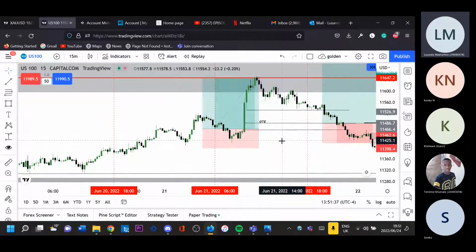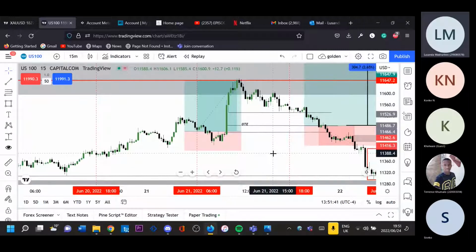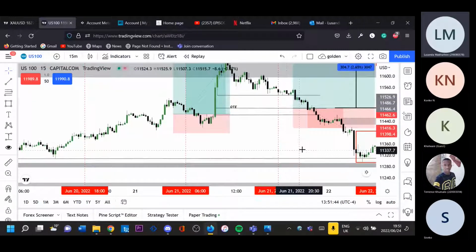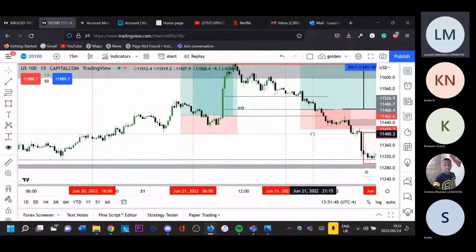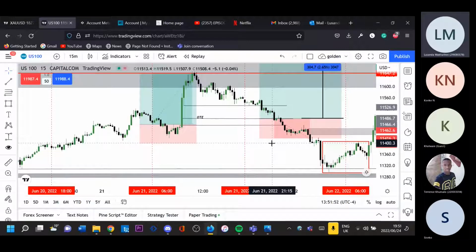Tuesday usually gives me a direction, and then I always hope for Wednesday to take out Monday's liquidity. Sometimes that doesn't even happen, depending on the situation and the bias that we have for that day, that week.